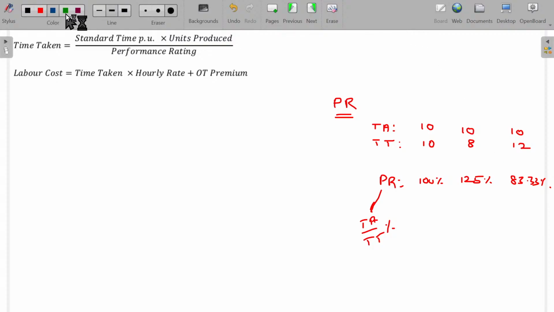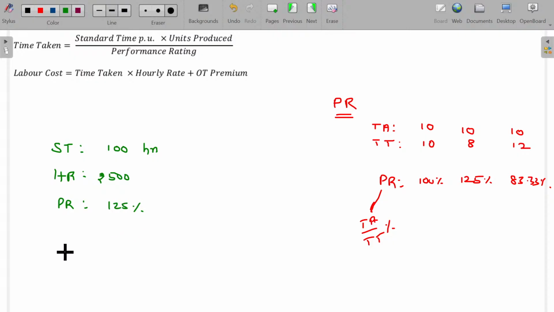See, the question may be given this way. Standard time for a job is 100 hours. Hourly rate being 500 rupees per hour. Performance rating being 125%.